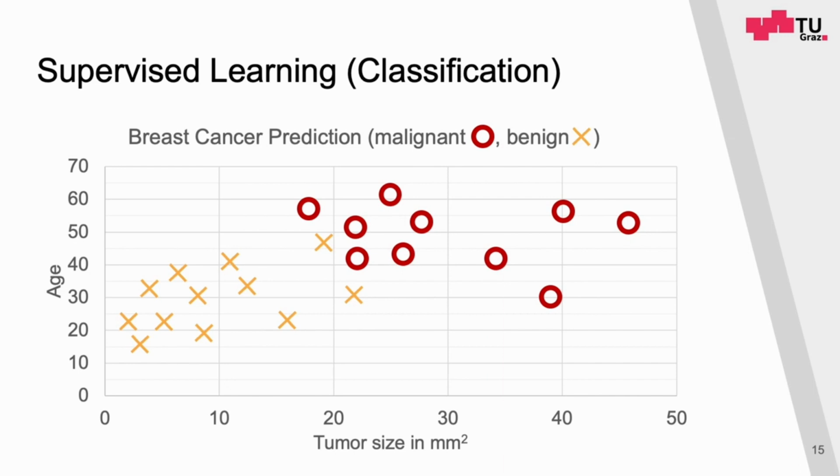And now the goal of a classification algorithm in supervised learning is to separate those two target values, or to separate the malignant cases from the benign cases in a way that we can reduce false predictions.